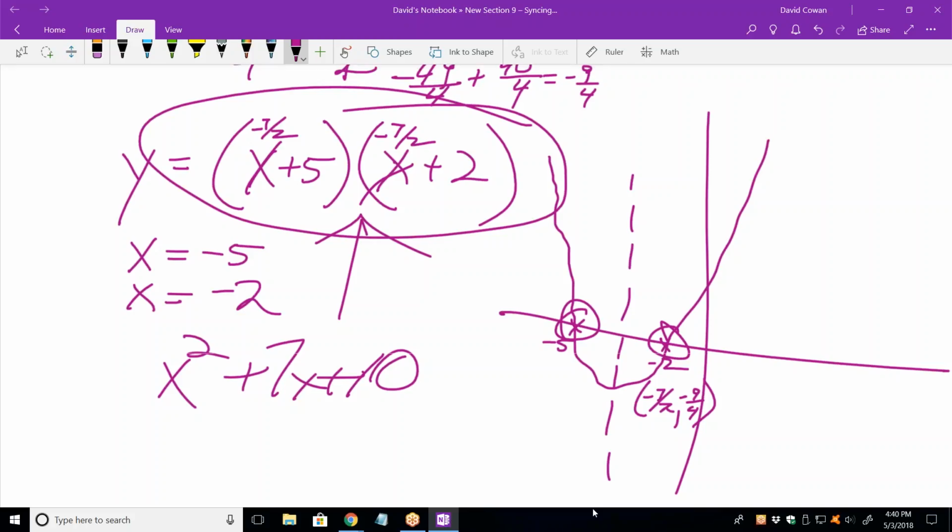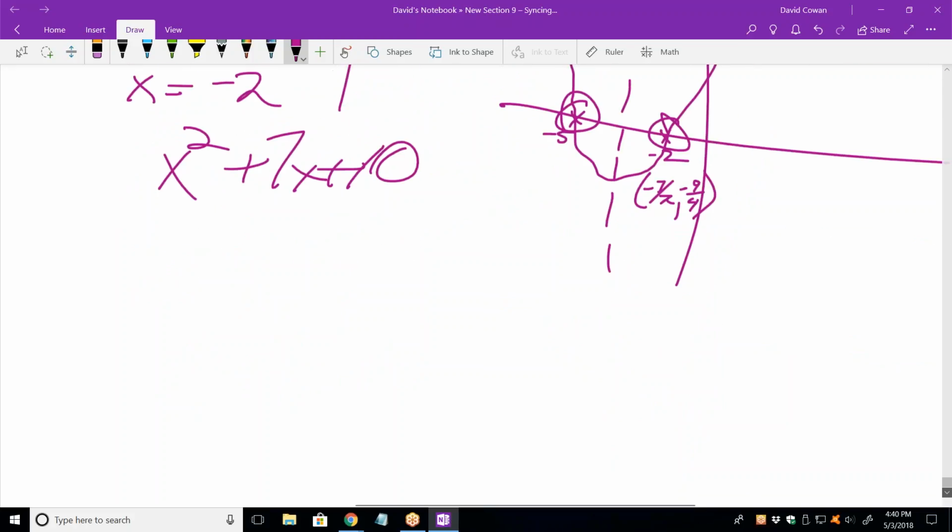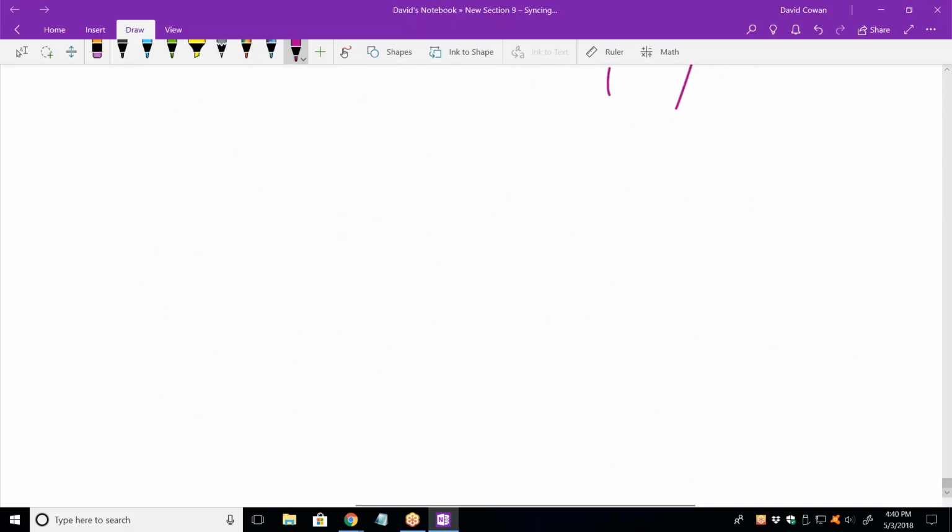So that's 2 different formats for a quadratic and 2 different ways to solve for the vertex. There's a third way, which might be the most common way that there is. And that is when it's in vertex format.